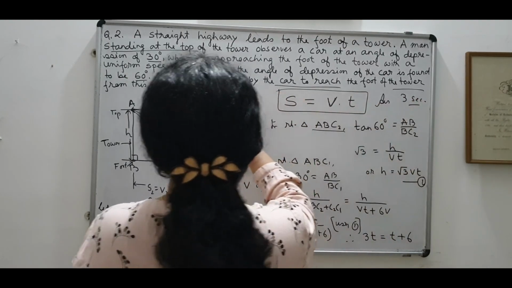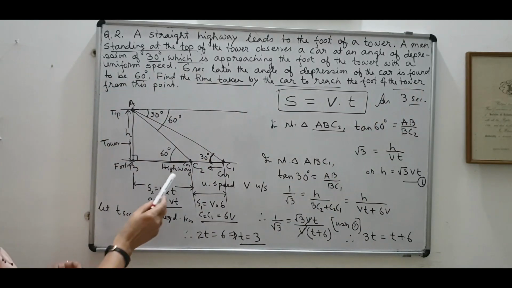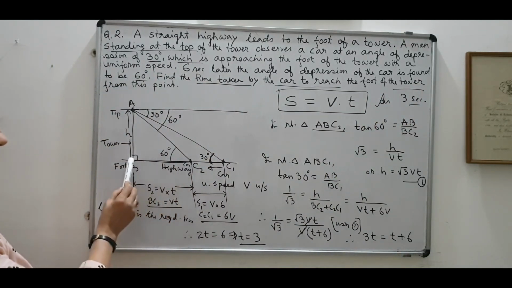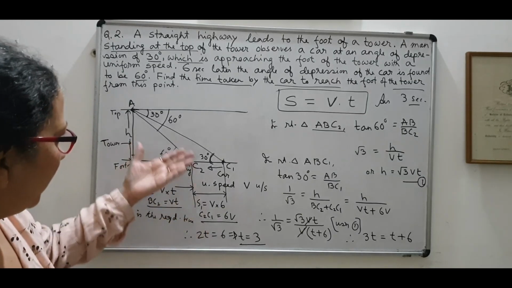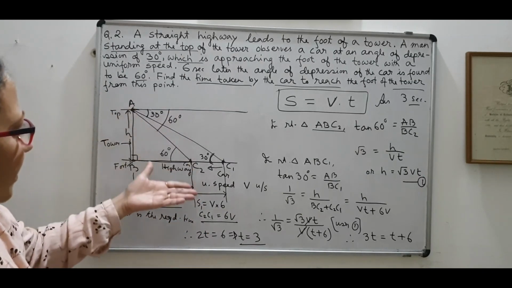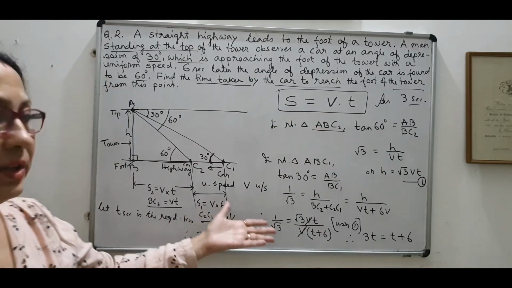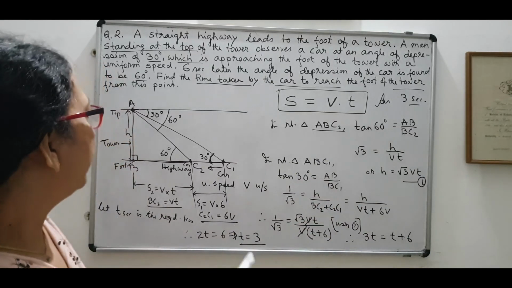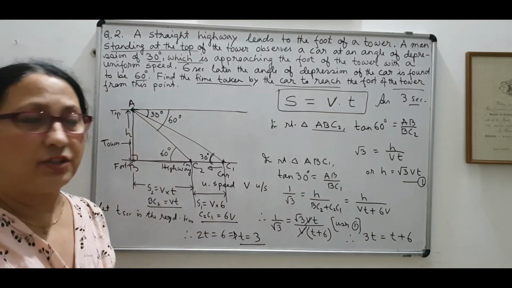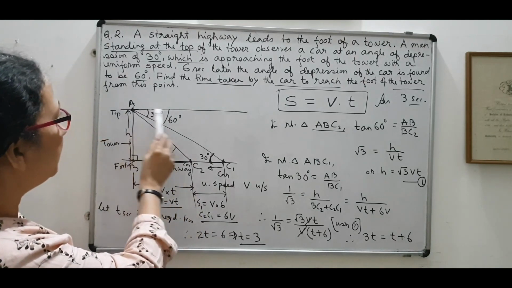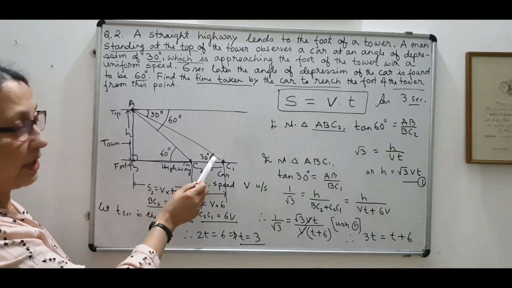That is, find the time taken by the car to reach the foot of the tower. From this point to reach the foot of the tower, the car takes 3 seconds. That's the answer. So in this way, if I express the diagram this way and use this concept, easily we can get the answers. And you see, when two angles are given, two angles of elevation or depression, in this case depression, two right triangles have two different acute angles.